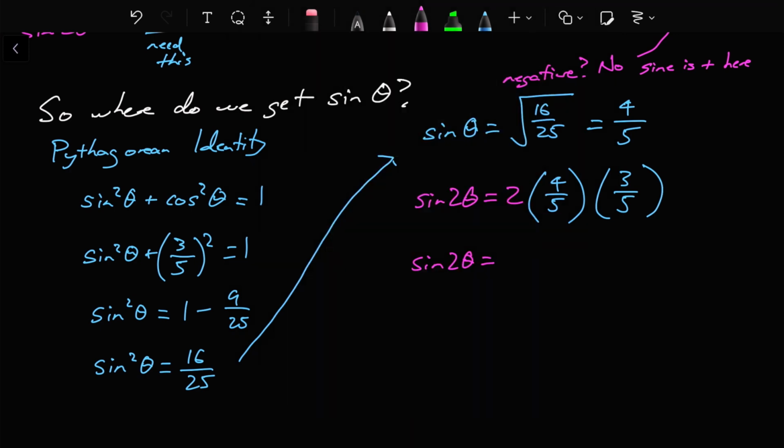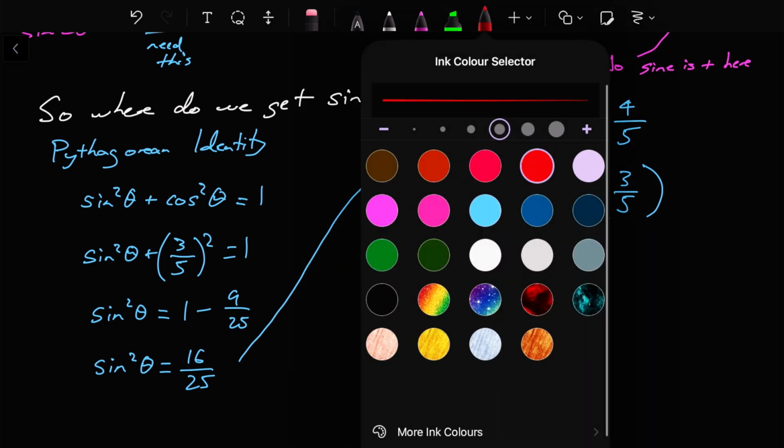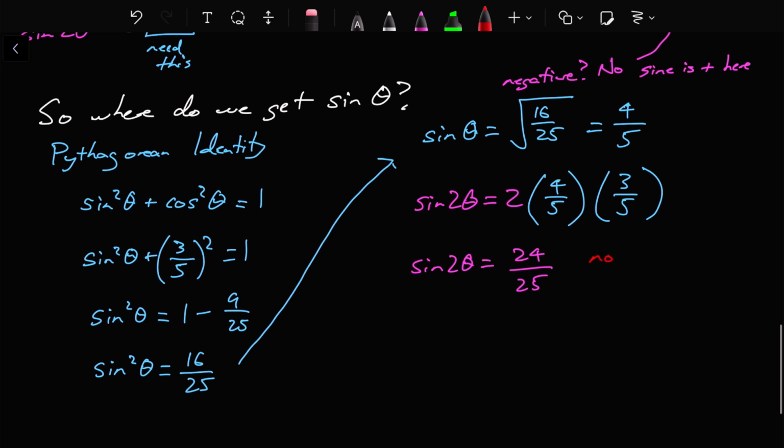So I think we get 2 times 4 times 3 is 24 over 25, which, you'll note, and it's written in red because it's important, is not 2 times sine theta. Okay?